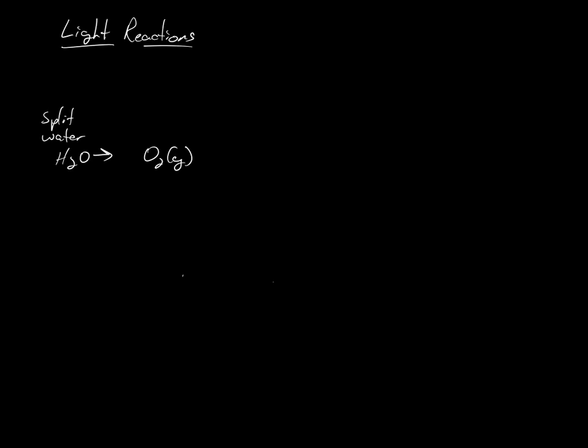All right, so to be clear, we have the light reactions, and right now where we are is we split water. Water went from H2O to oxygen gas plus hydrogen ions.